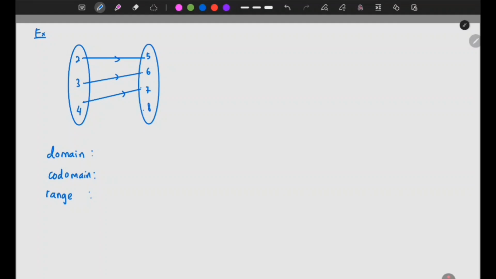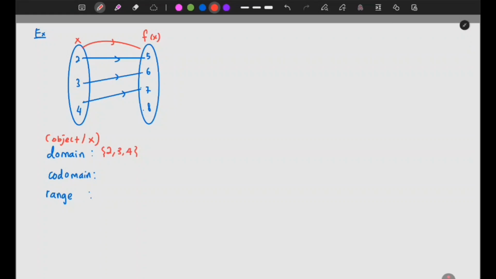So domain, isn't it? I said it's the object or the x. This is x, this is the function f, and here's the fx, or called the image. So domain, there is 2, 3, and 4, right? So that will be a domain, and you have to write it in a curly bracket, something like this.